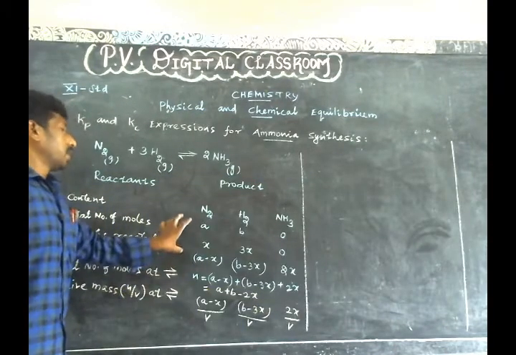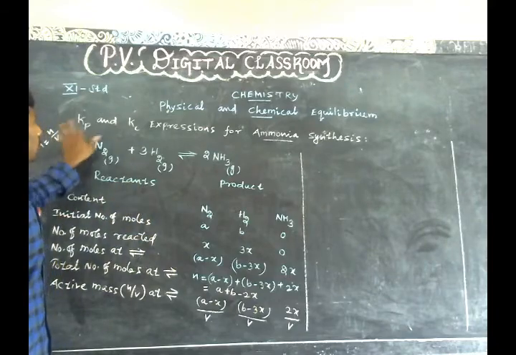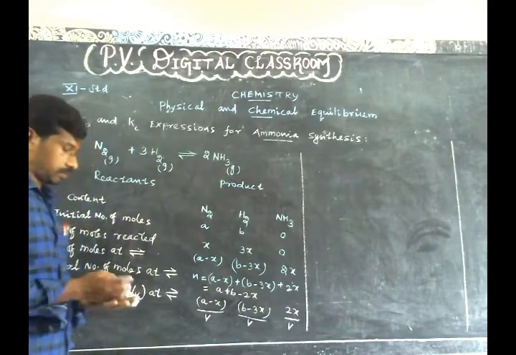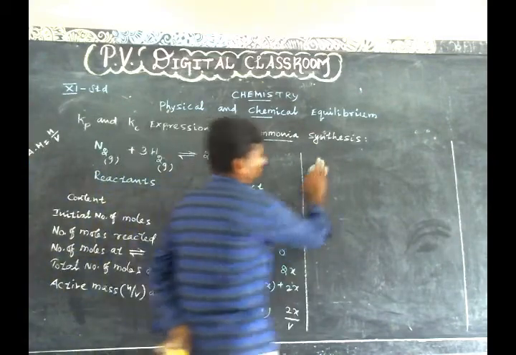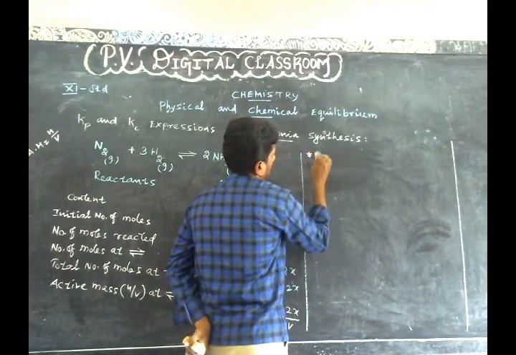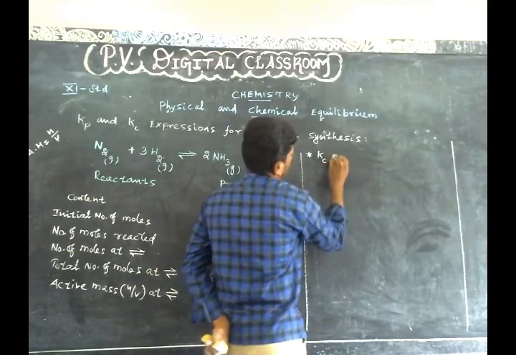By using this assumption or data, we can derive Kp and Kc expressions for ammonia synthesis. First one is the Kc expression.